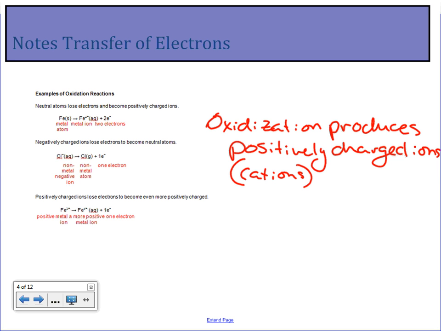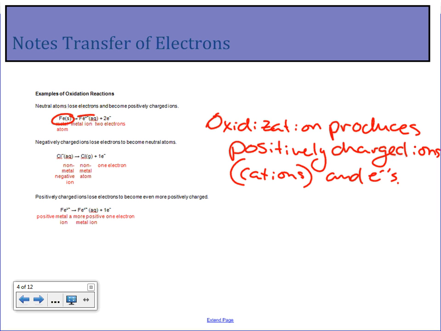Produces positively charged ions or cations and electrons. As we see here, the metal goes to the metal cation and 2 electrons.